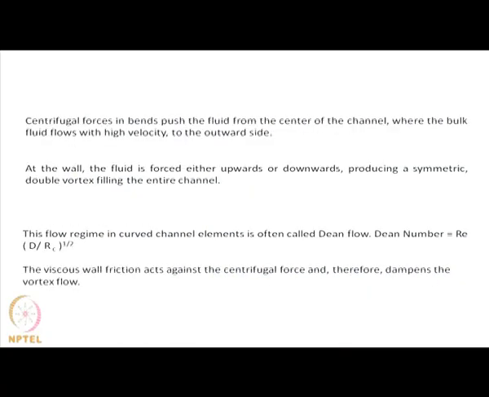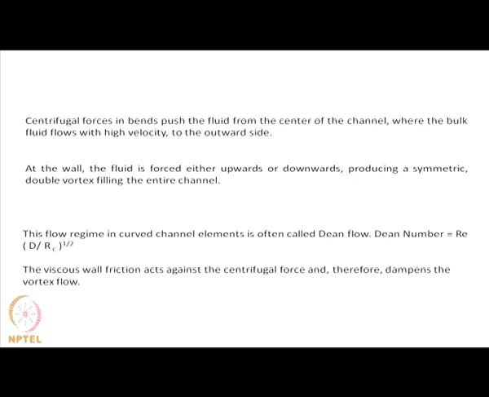So, at the wall, the fluid is forced either upwards or downwards, producing a symmetric double vortex which fills the entire channel. Now, this vortex will soon die down depending on the viscosity of the fluid and the dimension of the channel, and may give rise to straight streamline flow once again.